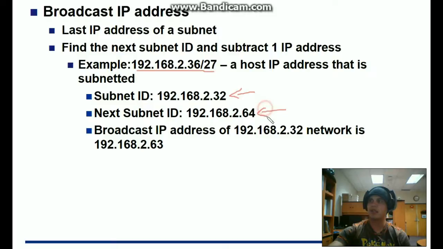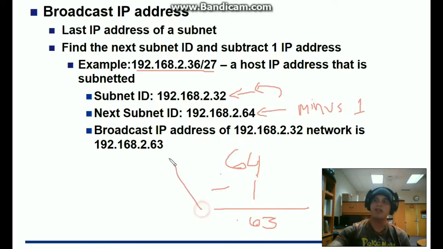The next subnet ID is .64 minus 1 IP address, and that gives us the broadcast address for that network. So .64 minus 1 equals .63, and that is the broadcast address for subnet ID 32.